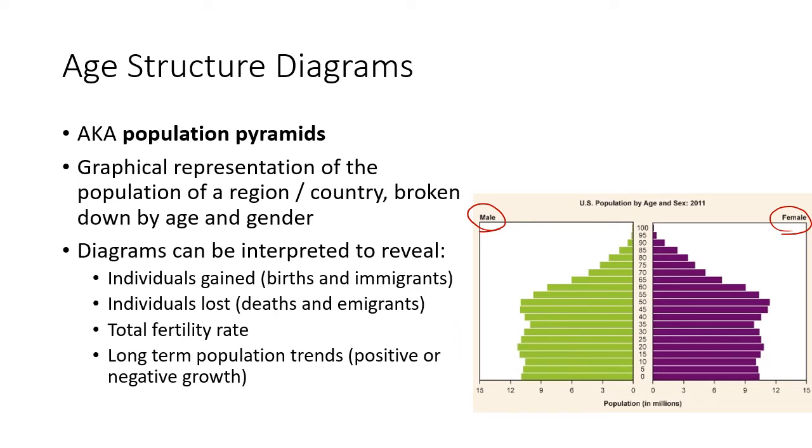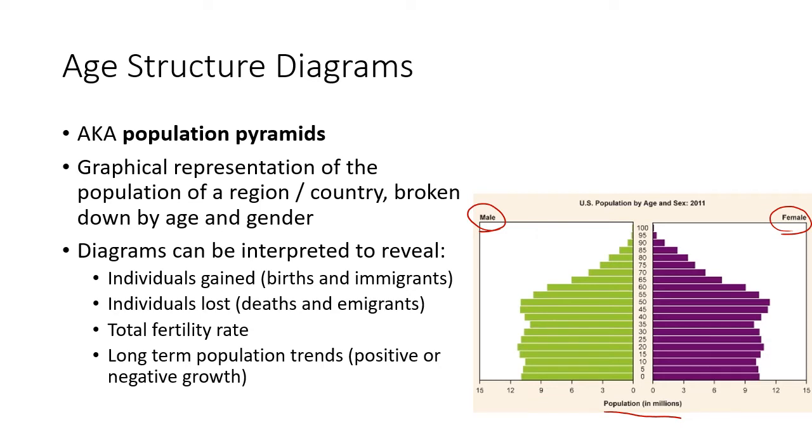Okay, and then we have population down on the x-axis, in this case in millions. This would say that there's about 10 million males in this first bar and 10 million females. So for individuals 0 to 5 years of age, there's 20 million of them if you count both males and females.